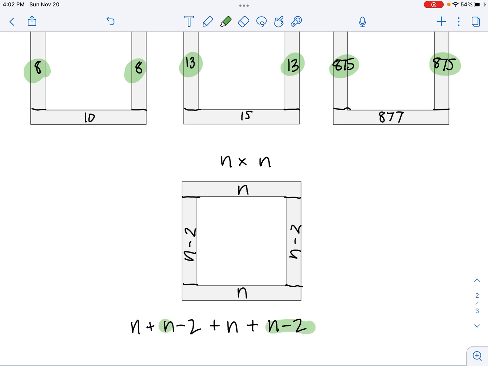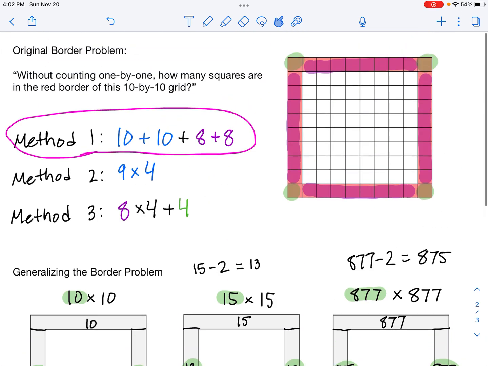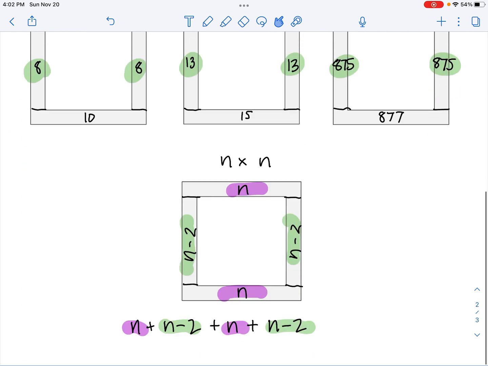And I'll highlight where each of my parts is coming from so you are really understanding it. Okay? Now I want you to think about what your pattern would look like. Maybe you used one of these methods, maybe you used something else. But your answer should use n because we're generalizing. It should have sections on the grid that you've created, and each section should be labeled.